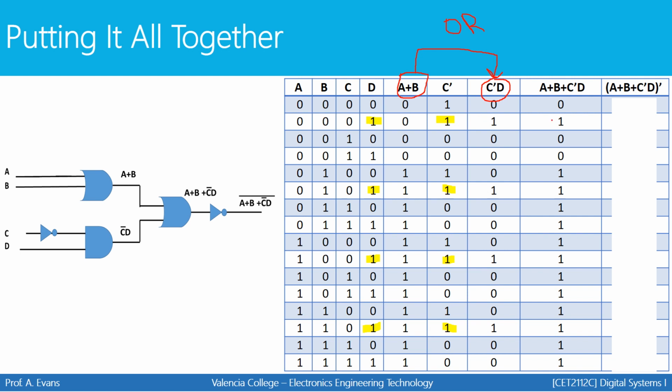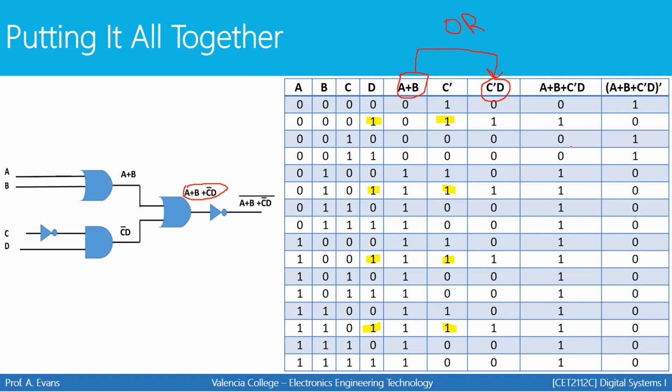So my final column is going to be an inversion of this one. Keep in mind, this expression gets inverted right here. So now I'm just going to take every 0 and every 1 and flip it. And that's going to be the expression for the output of this circuit.